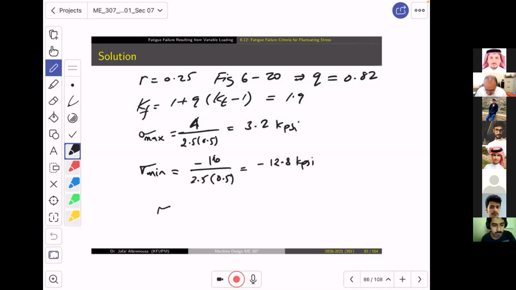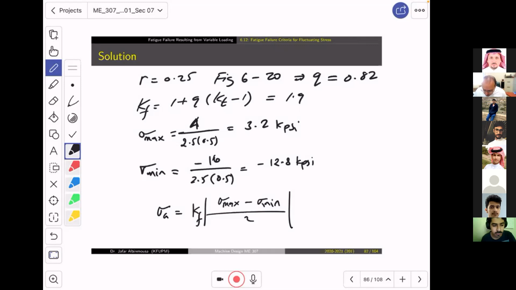Now, what is the amplitude? This is what I need. Sigma A is equal to, if you remember, the amplitude was supposed to be equal to sigma max minus sigma minimum divided by 2. But what I'm going to do, I don't need to forget to multiply by Kf. Kf is going to amplify the stress. So better to include it here and get rid of it.